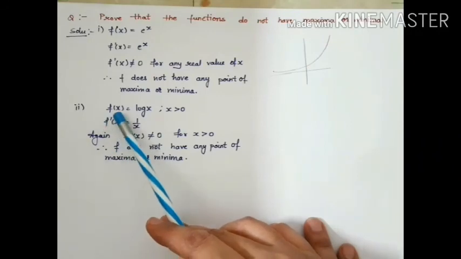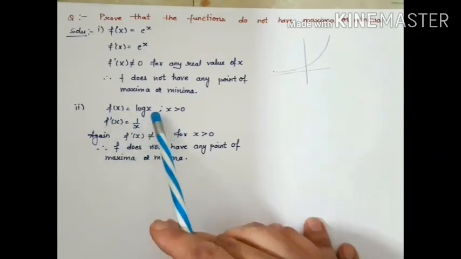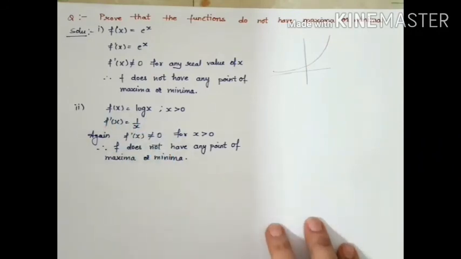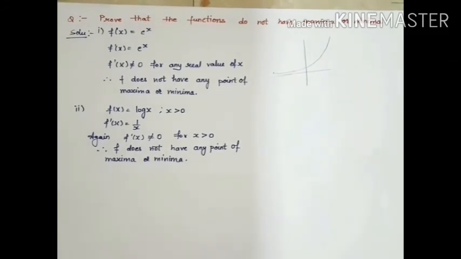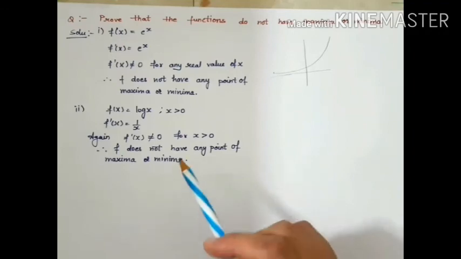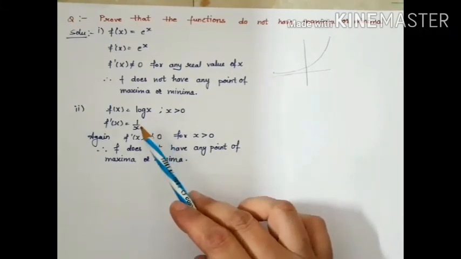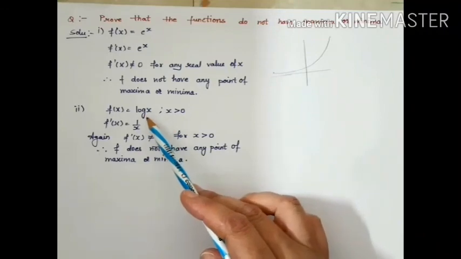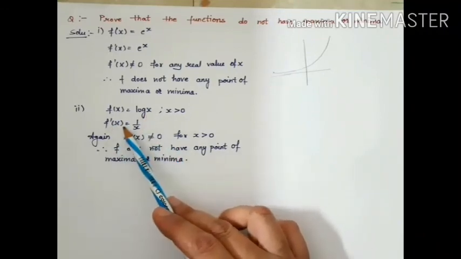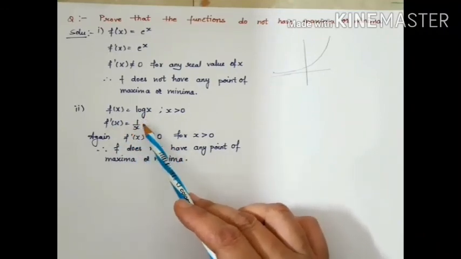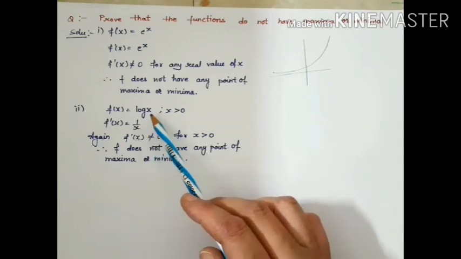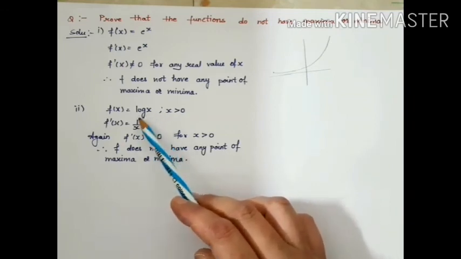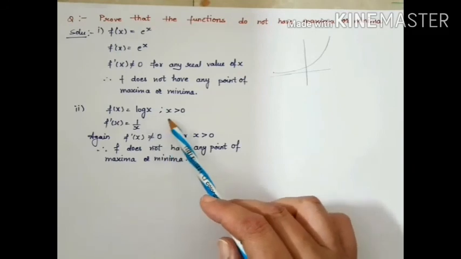Same way for log, if you look at the graph of log, in the graph of log also you can see that we are not able to decide the extreme maxima or minima. And here also mathematically we can see that f dash x is equal to 1 upon x. But we also know that the domain for log x is what?